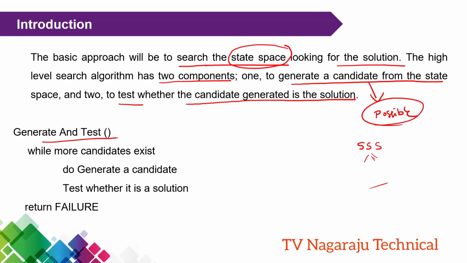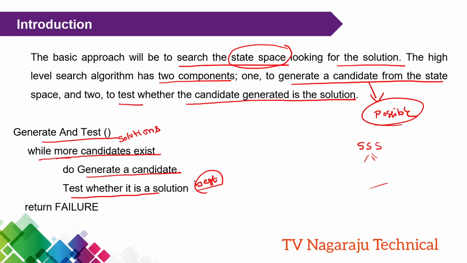For the given problem, we have multiple solutions available. That means while more candidates exist, here observe, more candidates in the sense that more solutions are generated. Now, what is the first step? Within that, take the first solution and check whether it is a solution, that is, whether this is the best solution or not.